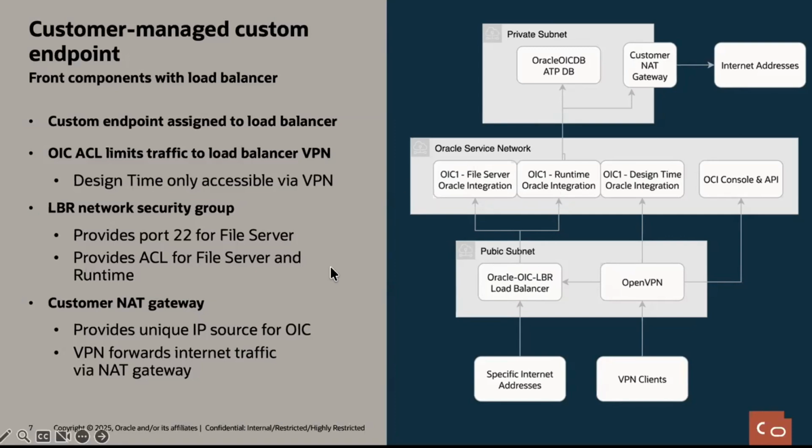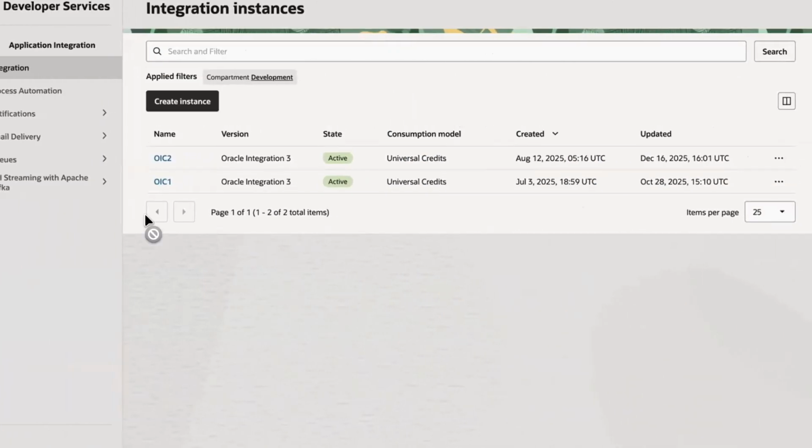So, what do we do here? Let's have a look at the load balancer. The load balancer typically will be listening on an HTTPS port. Because we have to have a custom endpoint to make this work, it has to be customer managed. So let's quickly look at that.